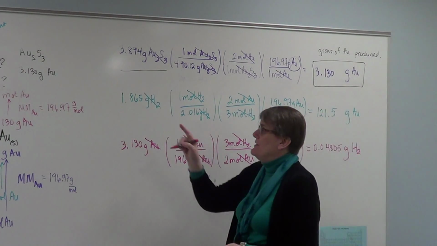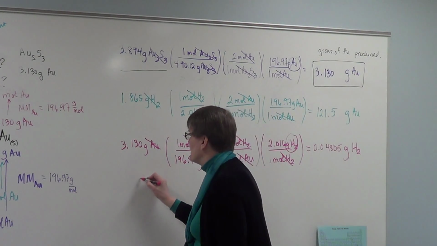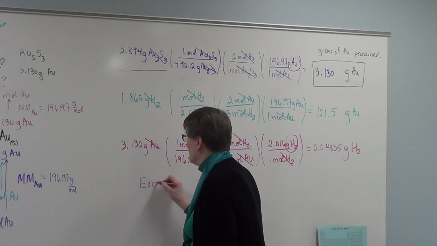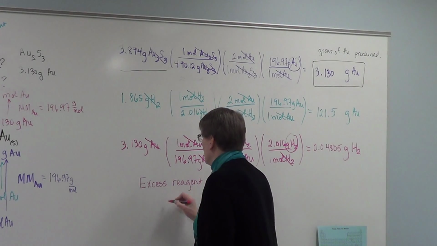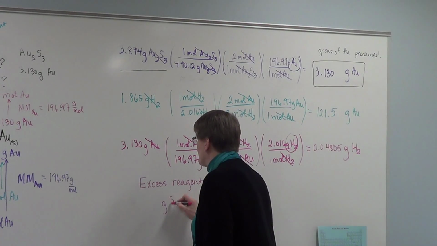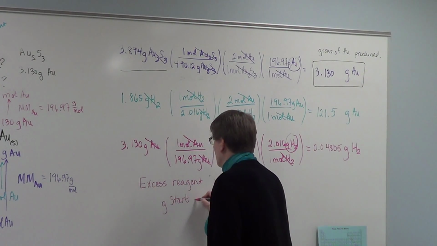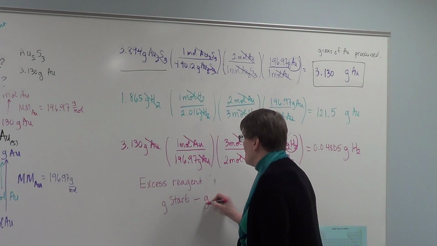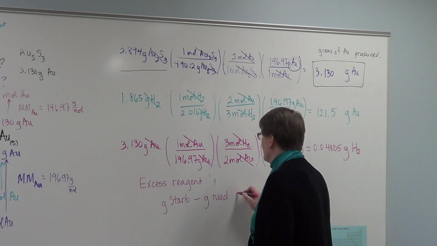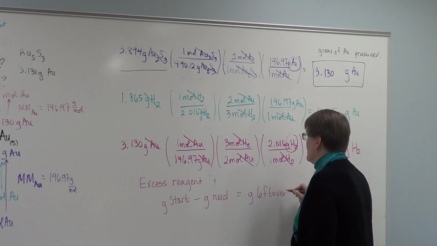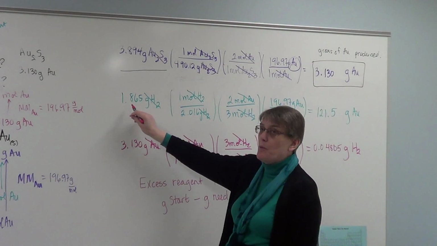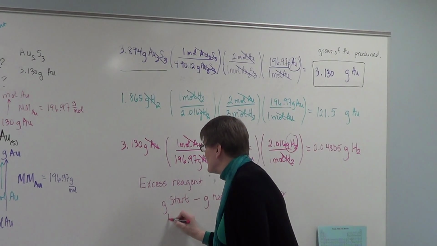And so the grams of excess reagent is how many grams we start with minus the grams that we need to use, and that will be our grams left over. So we started with the 1.865 grams of hydrogen.